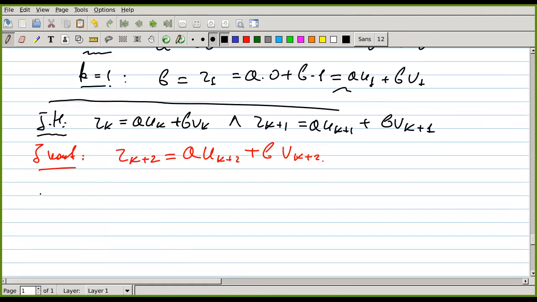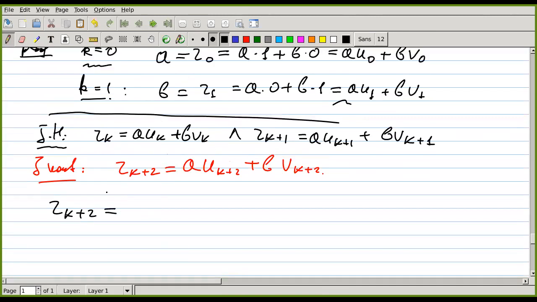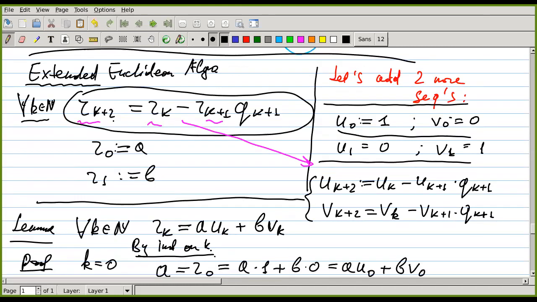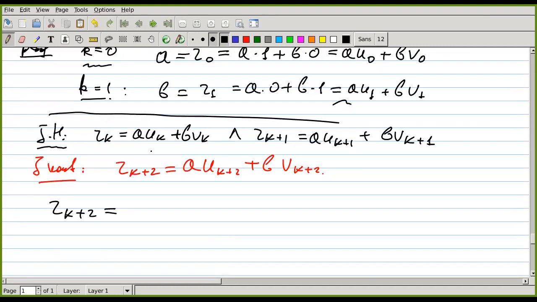It's very easy and will require no more than 1 minute. R K plus 2 is, by our universal equation for R's, which follows directly from the Euclidean algorithm definition, just RK minus RK plus 1 multiplied by QK plus 1. Do you agree?